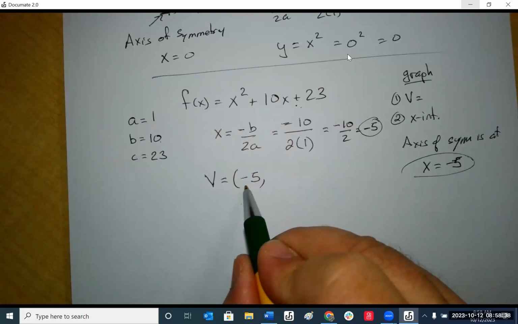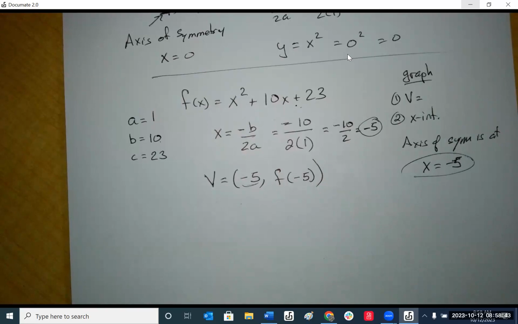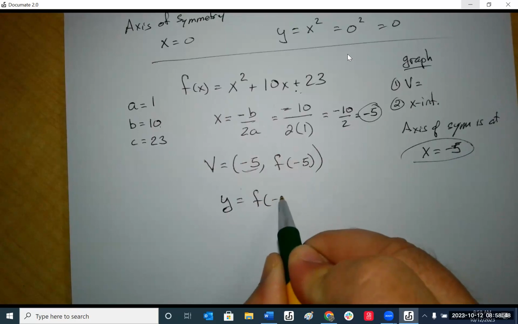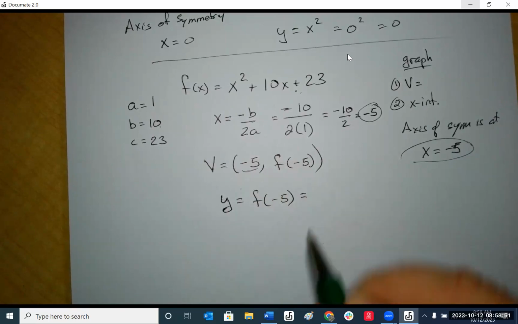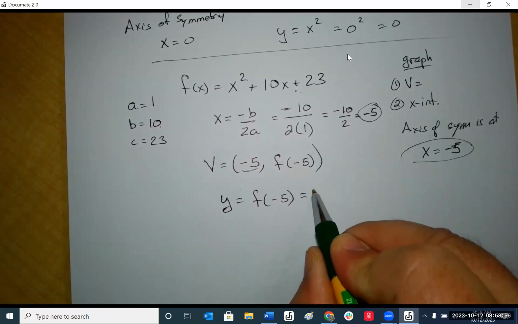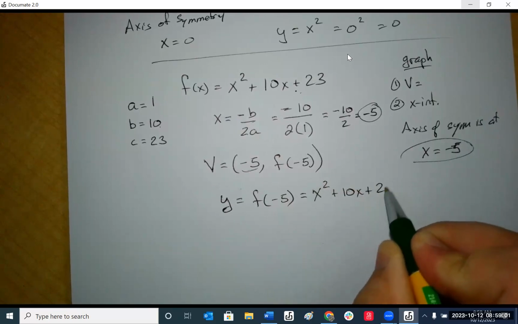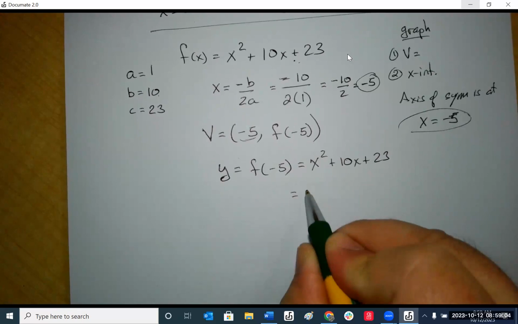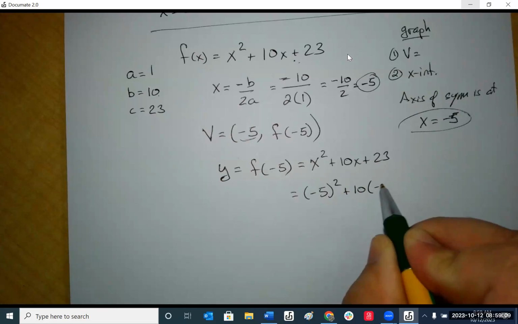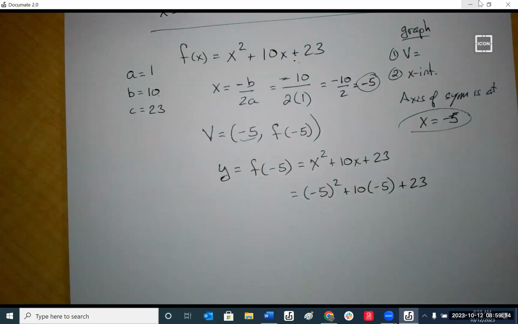But to find the vertex, we have to take this number and put it back into our equation to find the y value. The y value is that function at your x value. So we have x squared plus 10x plus 23: negative 5 squared, plus 10 times negative 5, plus 23.